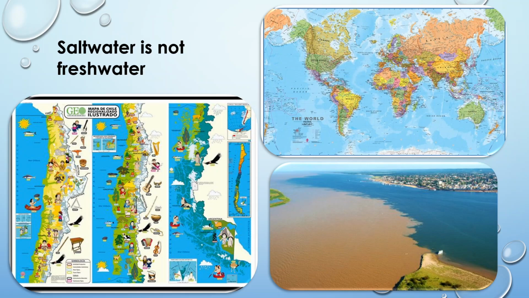So it looks different. The brown water is the water from the river, and the blue water is the water from the ocean. To understand why this happened, we have to talk about density, but we're not going to talk about that today.